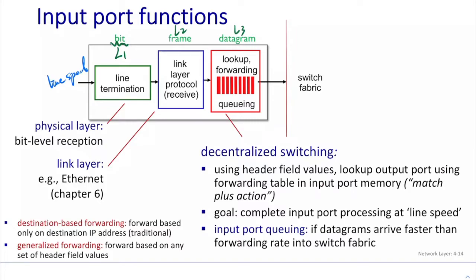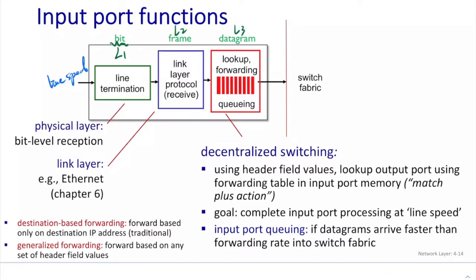Okay, so let's take a look at the right hand side. Decentralized switching using header fields: look up the output port using the forwarding table in the input port memory. That means in the control plane, those routers or the SDN compute the forwarding table, and the forwarding table is stored in the input port memory.